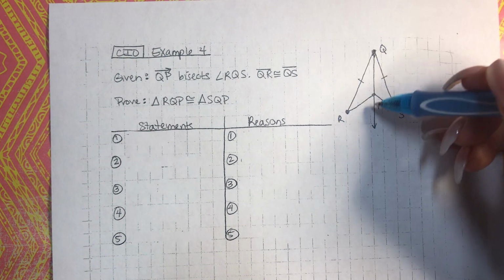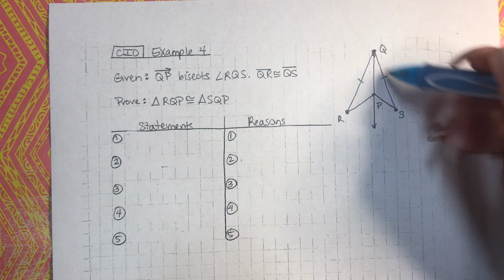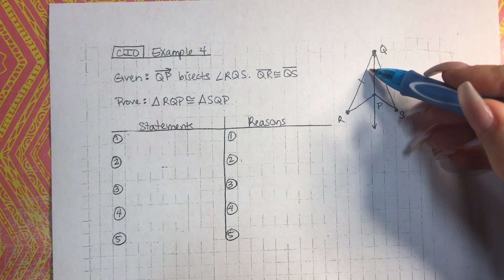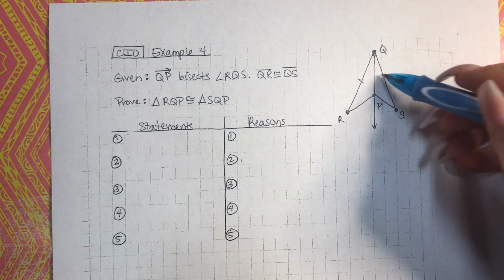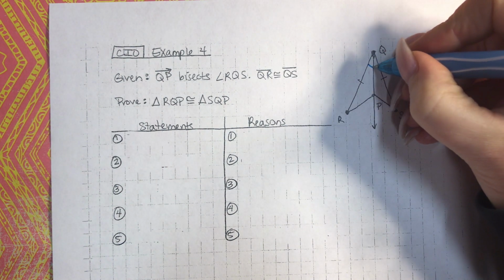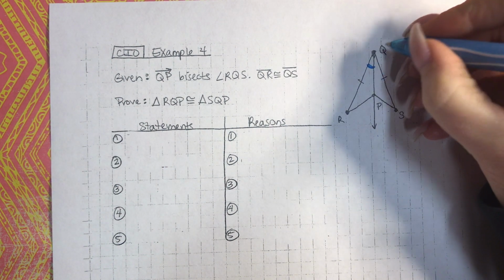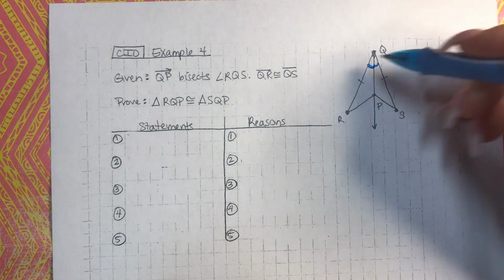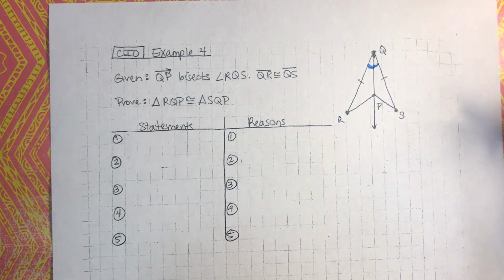What does it mean for QP to bisect RQS? Well, if it's bisecting, it's cutting this angle in half, and if it's in half, that means they're equal. So we know that this angle is congruent to this angle right here.